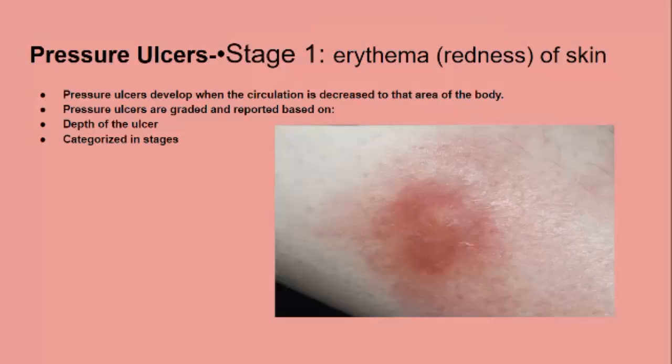Pressure ulcers are graded and reported based on the depth of the ulcer, and it's categorized in stages. Now, we just talked about stage 1, and this is an example of a stage 1 pressure ulcer, and you can see that the skin is red and raised.